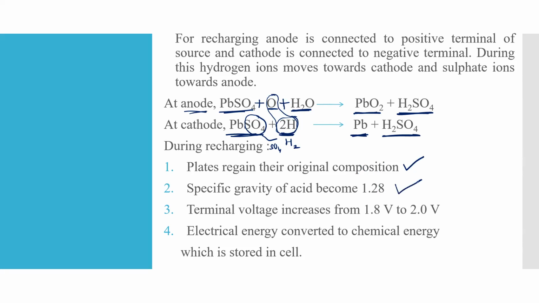Specific gravity of acid will become 1.28 because H2SO4 is coming back. Terminal voltage will increase from 1.8 to 2 volt, and electrical energy is converted to chemical energy once again, and it is stored in the cell. So thus we charge the cell again. Sorry, the battery again.